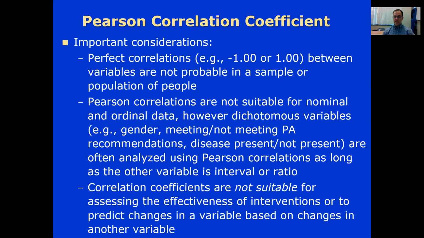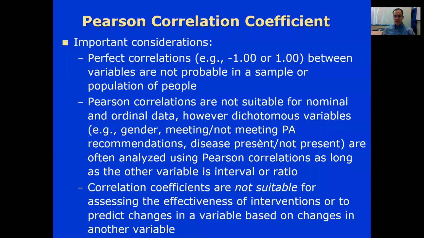The reason for this is, let's say you took a scale measuring the effect of physical activity on self-esteem in an entire population. It would only take one individual to rate them a 9 out of 10 versus 10 out of 10 for that correlation to fall out of the 1.0 or negative 1.0. So it's highly unlikely you'll ever get a perfect correlation, especially when working with human participants.